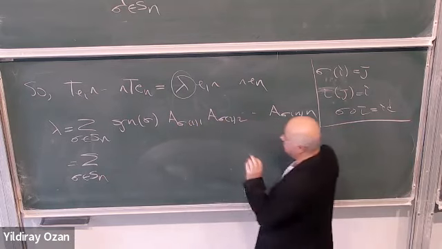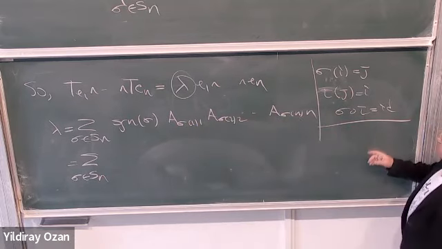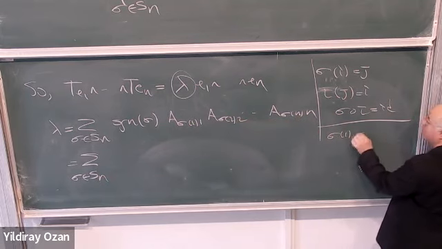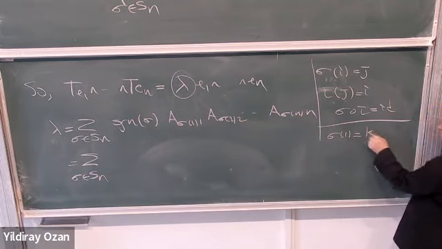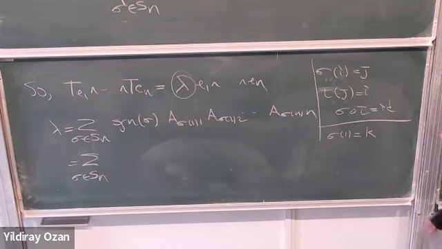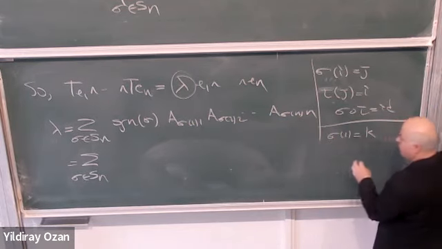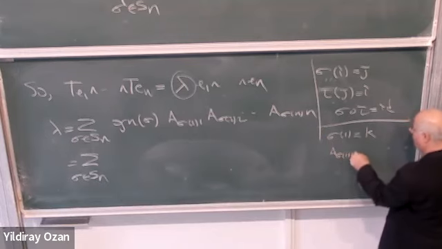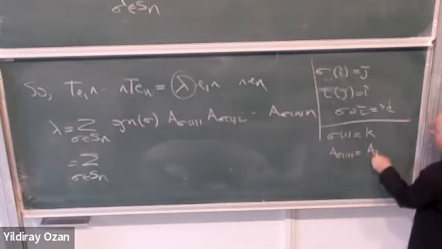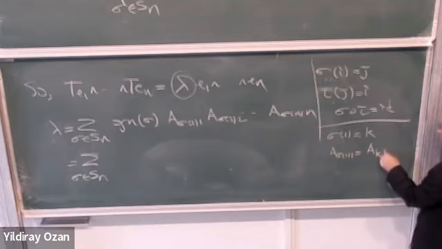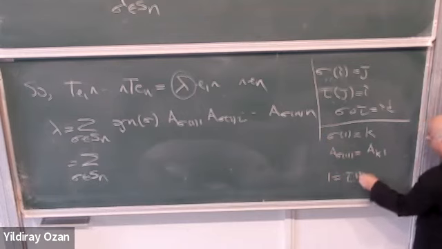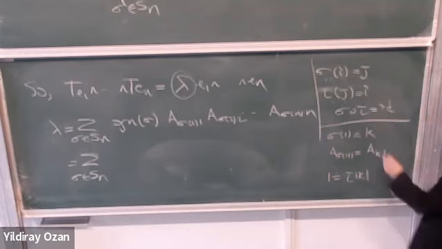Okay. What I'm going to do is the following. Sigma 1 is equal to some number, right? It's some K. Therefore, here I have A sigma 1, 1, but 1 is just tau K, right? Because they are inverse of each other.